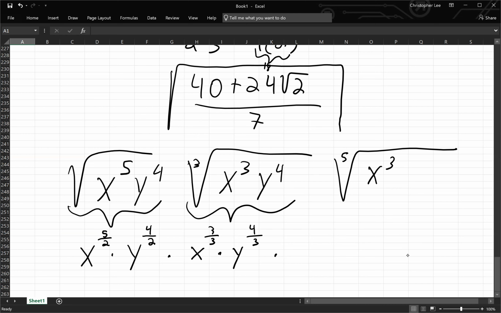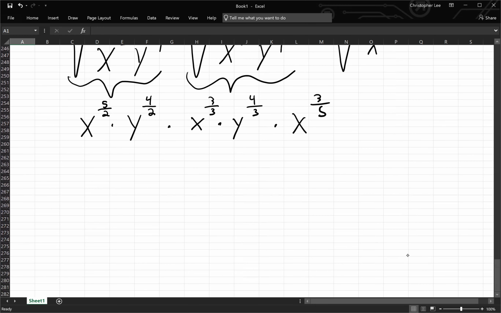And then last, I would just do x to the 3 over 5. Now remember, whenever I multiply exponents, I add them, right? So for me, this would simply be x to the 5 over 2 plus 3 over 3 plus 3 over 5, right? Times y to the 4 over 2 plus 4 over 3, right? Then just add them all up. That's it.